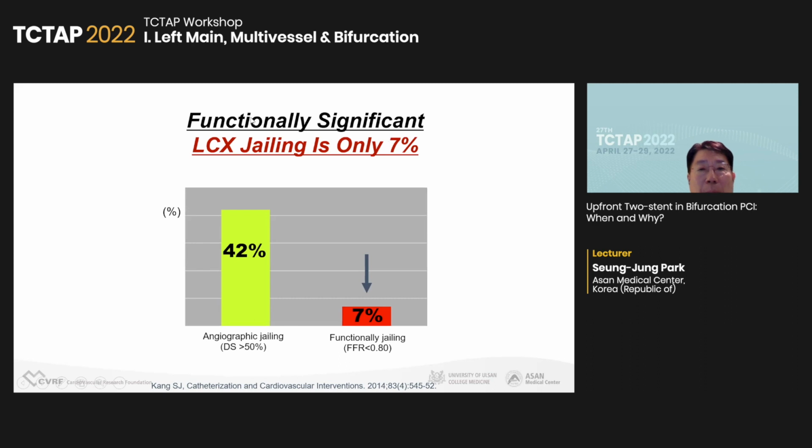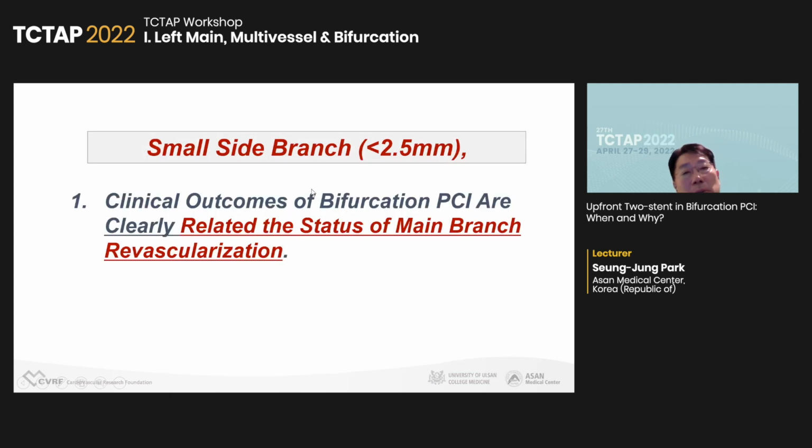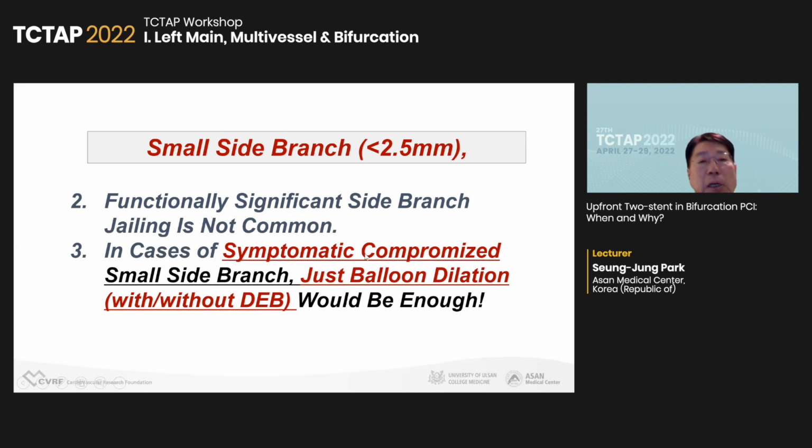Actually, in case of the main disease, after the main stent crossover, functionally significant circumflex jailing is only 7%. And so in case of a small side branch, without much disease on the side branch, clinical outcomes of bifurcation PCI are clearly related to the status of main branch revascularization. And second, functionally significant side branch jailing is not common.